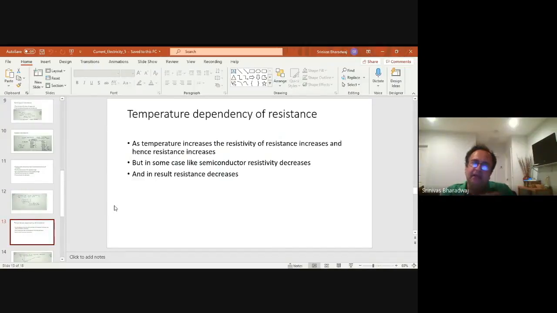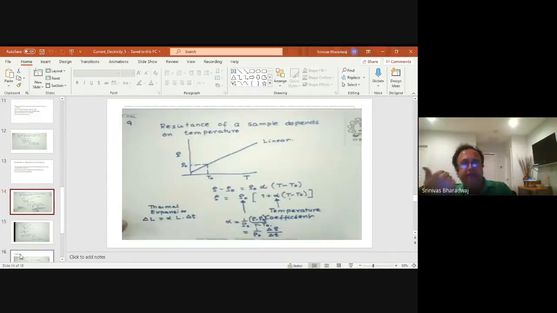Now as temperature increases, the resistivity also increases, except in the case of semiconductors, which always behave differently. They have decreasing resistivity with temperature. It is kind of a linear relationship: 1 plus alpha, where alpha is the temperature coefficient of resistance. Rho naught is the resistivity at a particular T naught.